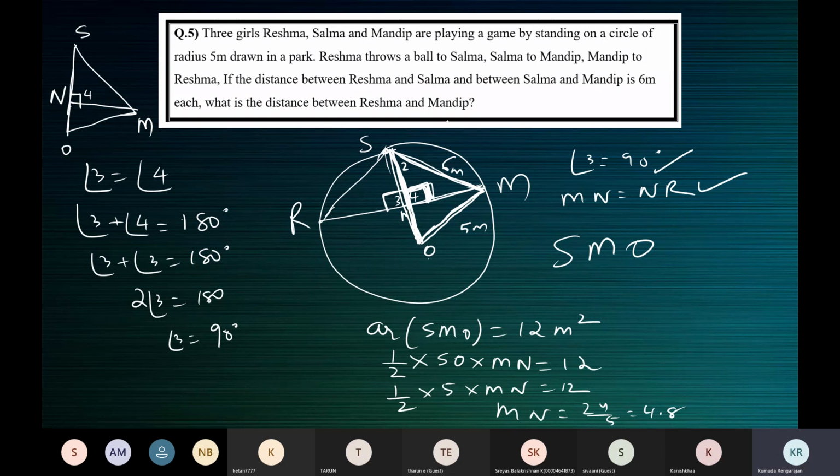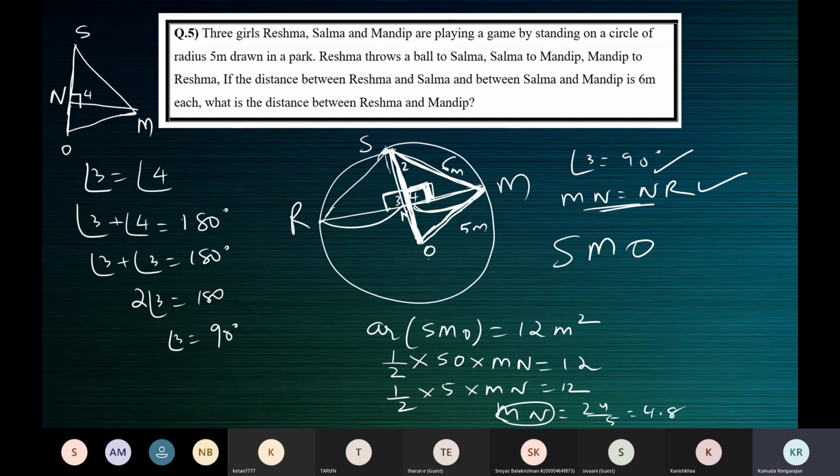Now, why did we prove that MN is equal to NR? Here we proved MN is equal to NR. Why did we prove this? Because now we've got MN. It's 1/2 of MR. We found MN, which is 1/2 of MR. So you can double it. MN is 1/2 of MR. So double it, 2 into 4.8.